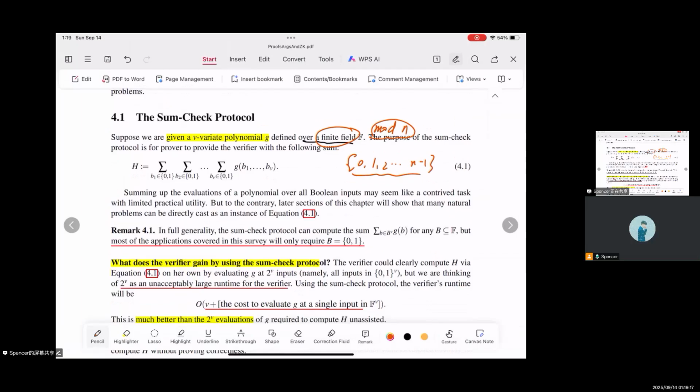The purpose of the sum check is for the prover to provide the verifier with the following sum. Here g is the polynomial, and there are v variables b1 to bv.